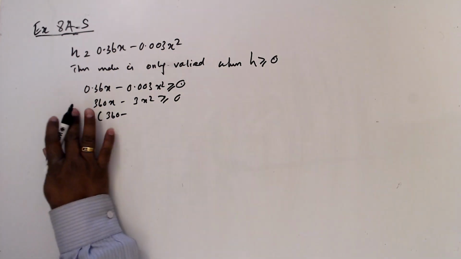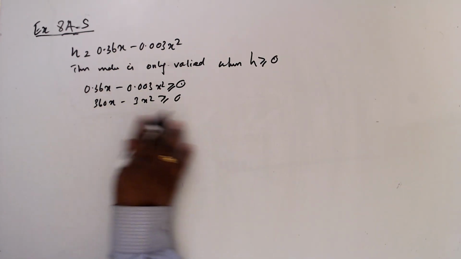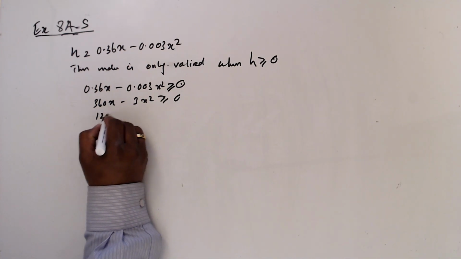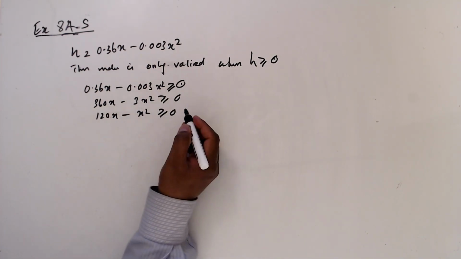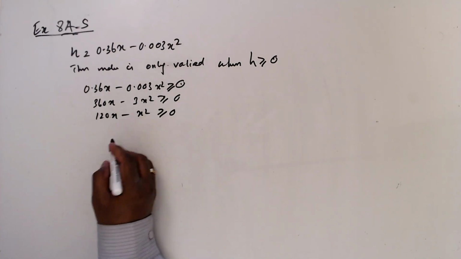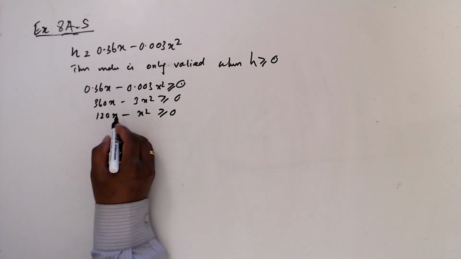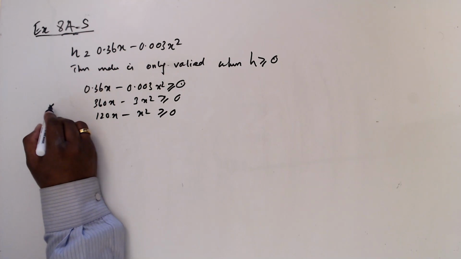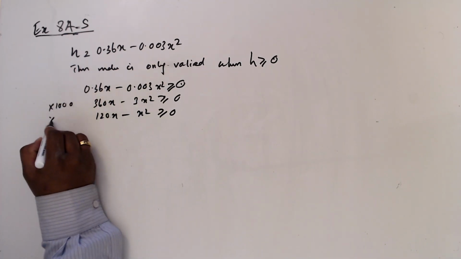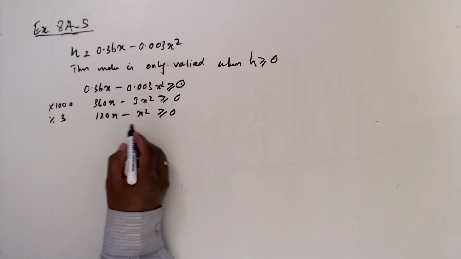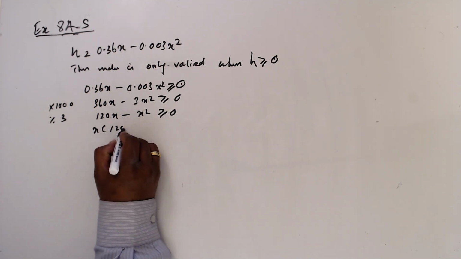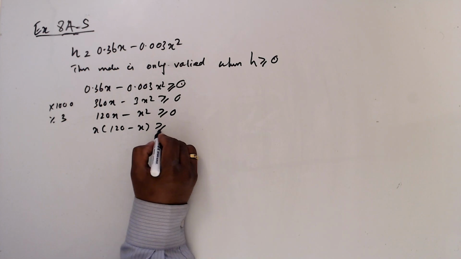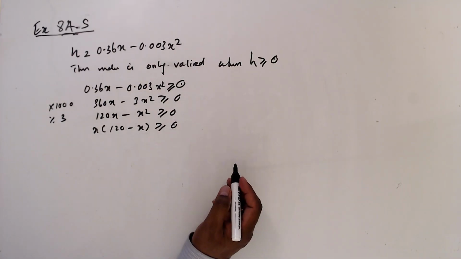Actually, we can divide by 3 as well. So this is going to be 120x minus x square greater than or equal to 0. Then when I take x out, this is going to be x times 120 minus x greater than or equal to 0.